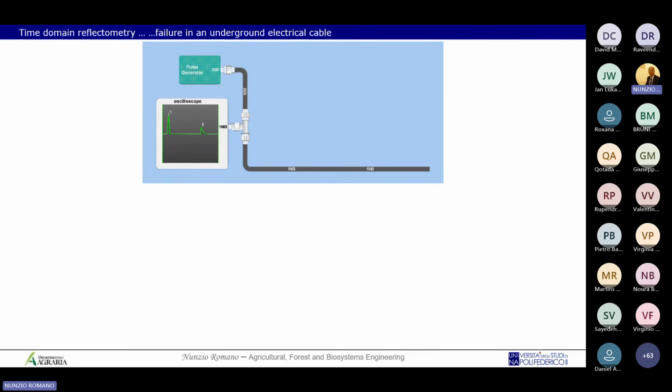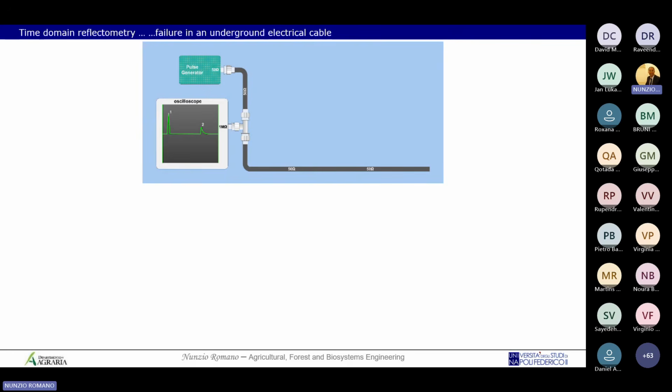The example is very simple. If you have a failure in a water pipeline, you very easily understand when there is the failure because you have water that goes everywhere. But if you have a gas pipeline, again you smell the gas, so you can understand more or less where the failure is located.